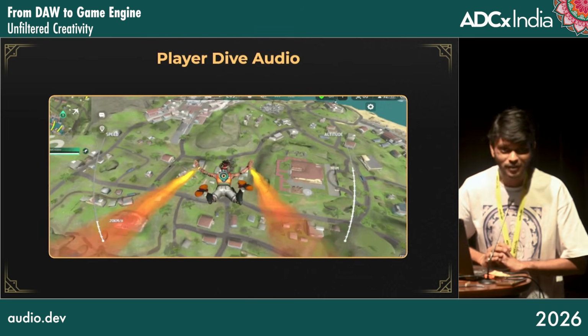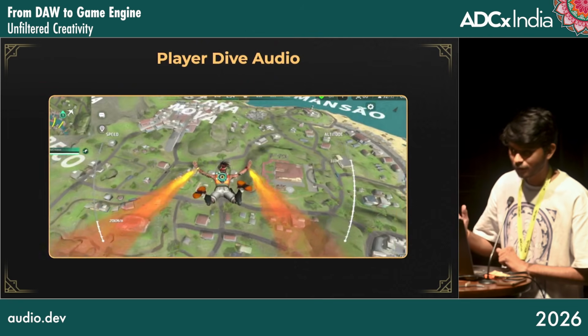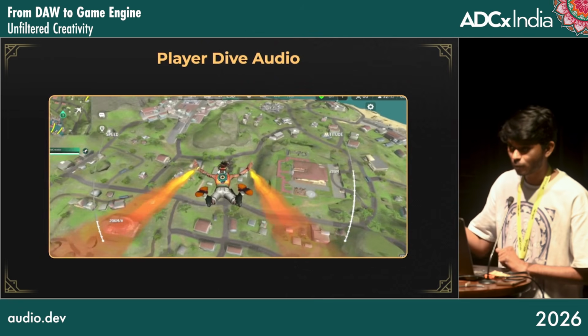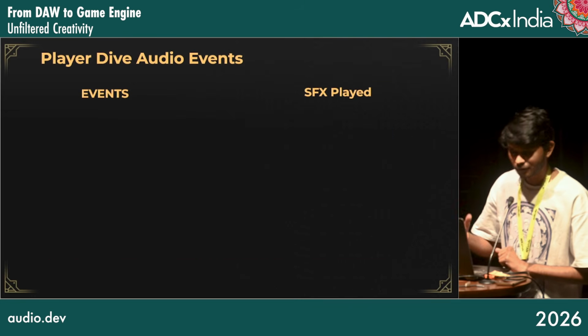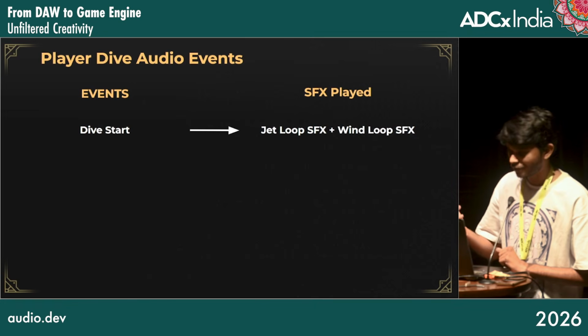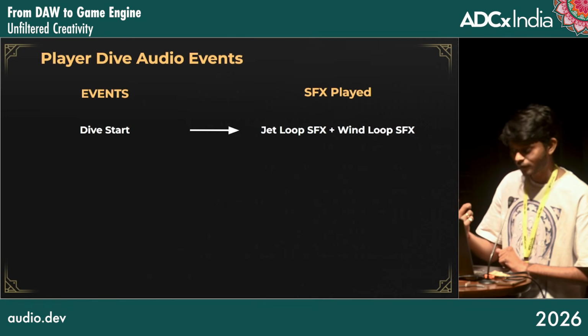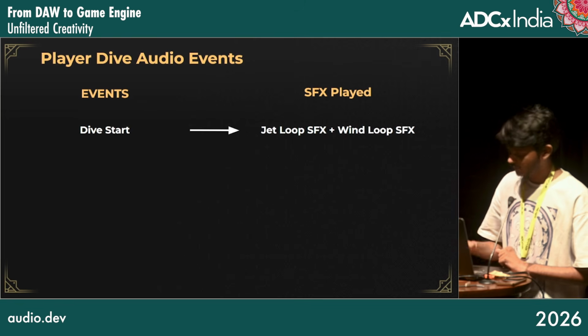Let's take one last example, which is player dive audio. It's a sequence in our game when the player jumps from a flight to the battleground to start the fight. Let's study the events and SFX for this. We have three types of events inside this. The first one is dive start, where we trigger the jet loop SFX and wind loop SFX.